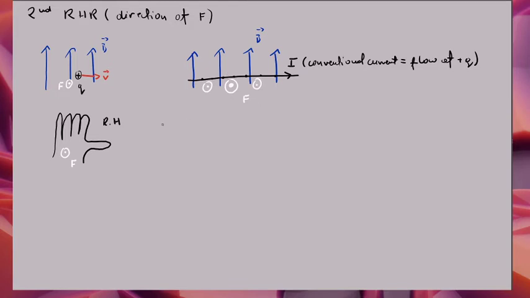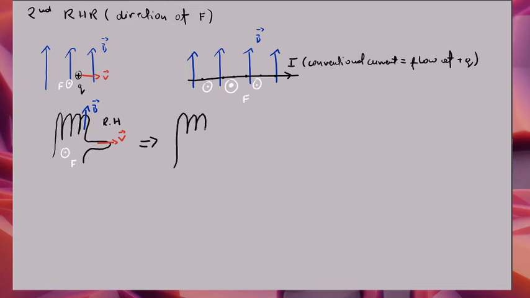In other words, the right-hand rule works for both the movement of a single charge Q, in which case this is a velocity, but it can also work for the current. So this in fact implies this.